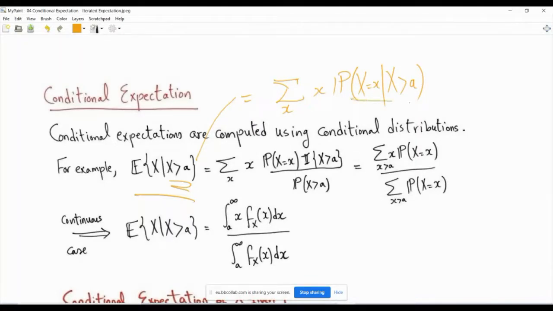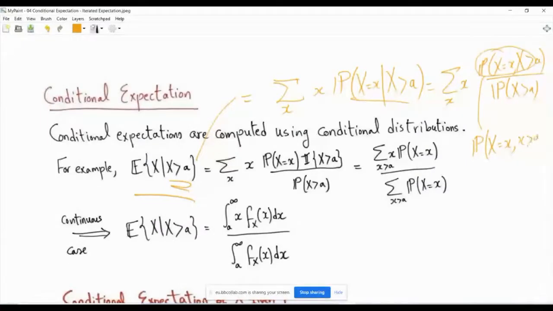Now this is summation of x times the joint probability that x equals small x and x is greater than a, over the probability that big X is greater than a. In the numerator, this can be written as the probability that big X equals x and x is greater than a, which is simply the probability that big X equals x times an indicator.